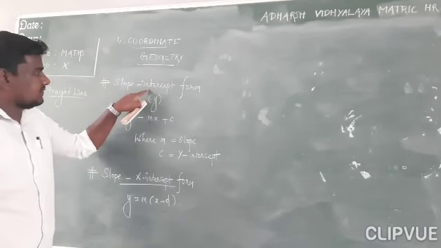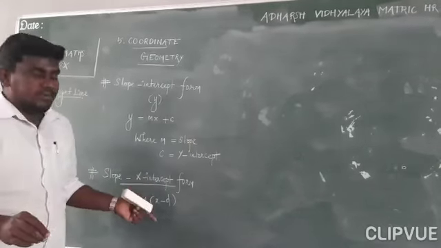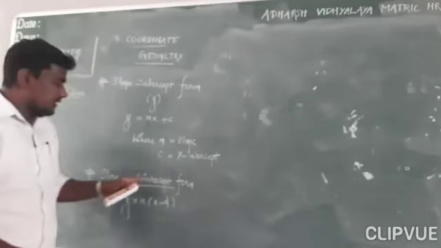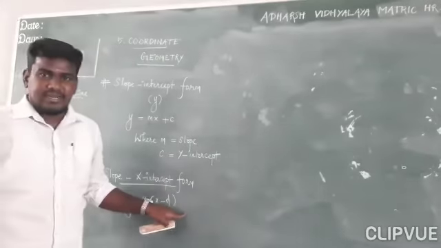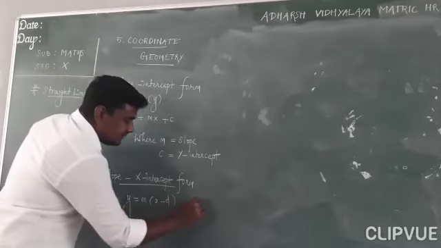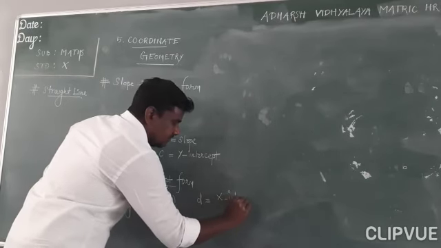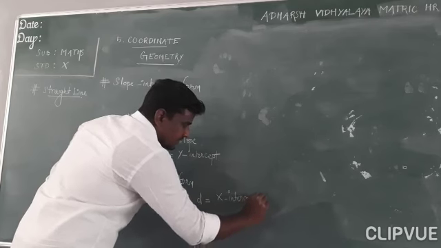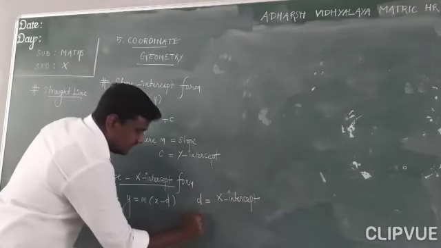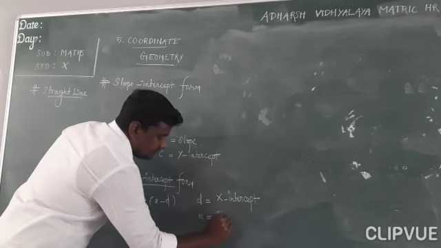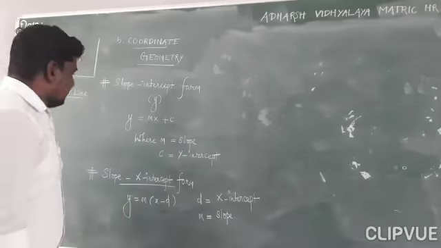Generally, intercept refers to y, but if they mention slope and x-intercept like this, then use this formula: y is equal to m of x minus d, where d refers to the x-intercept. The small letter d represents the x-intercept, and m, you know, is the slope.